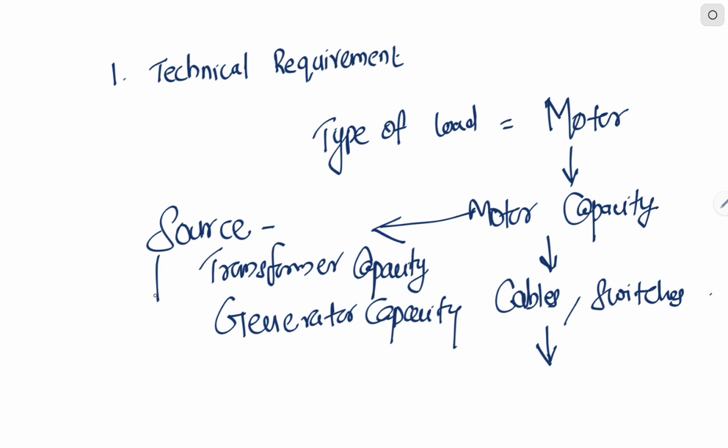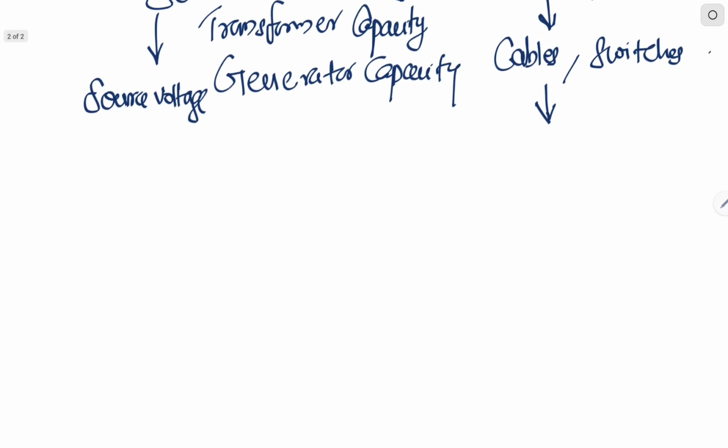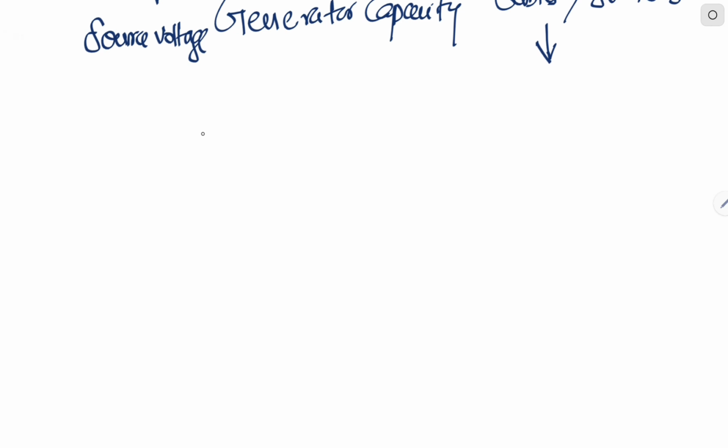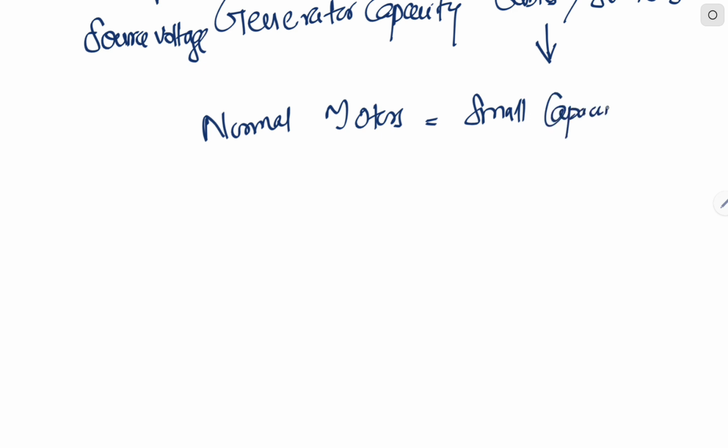When we discuss the source, we have to find out the source voltage. If the motor capacity exceeds some rating, we have to go for the HT supply. Normal, small capacity motors are all run through the LT supply.